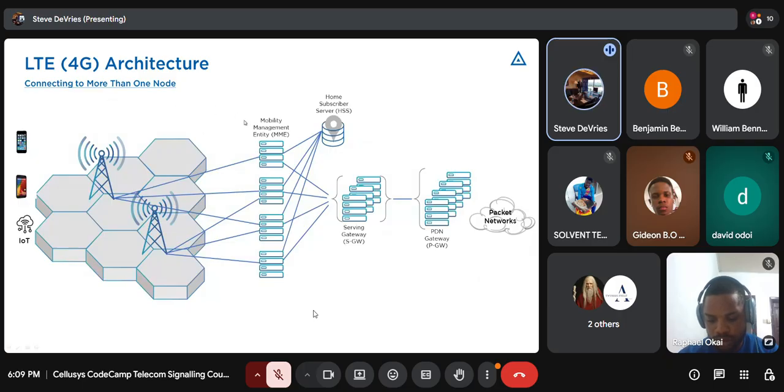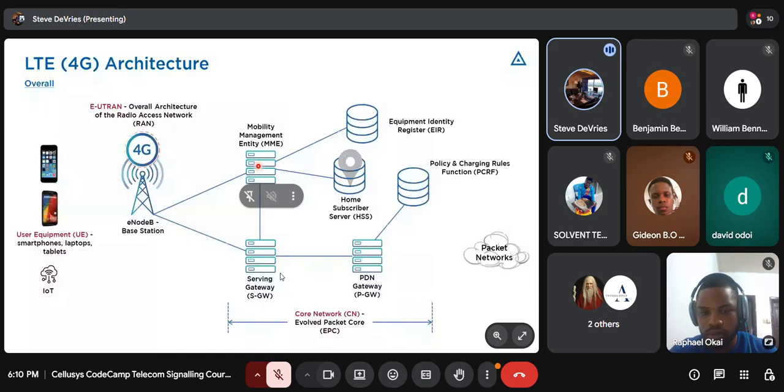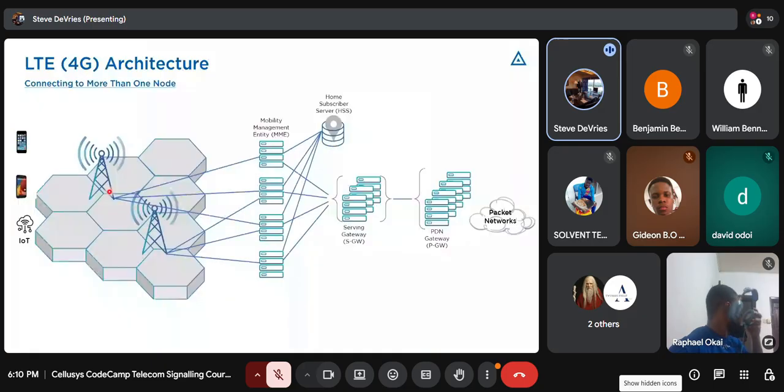Also, this shows kind of a flat architecture where multiple towers can communicate with multiple mobility management entities. They communicate with the HSS, and there can even be physically multiple HSSs.